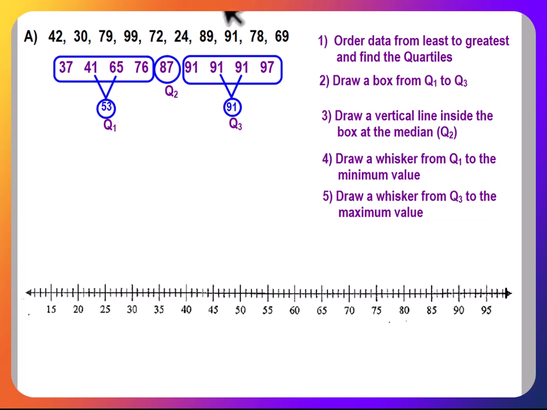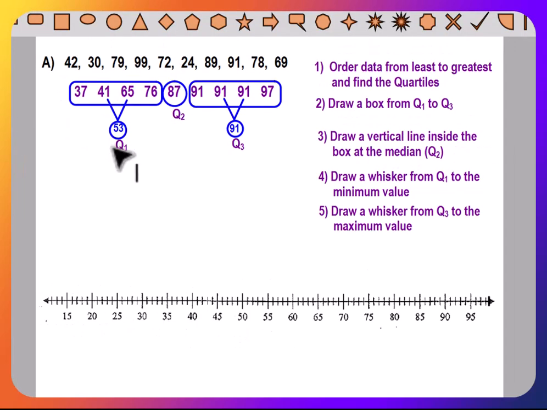First thing you want to do, it's kind of like the order that it's in already. The first side of the box is your quartile 1, your Q1. It's at 53, so I'm going to find 53 on my number line. I'm not going to actually draw the box on the number line because it can be kind of hard to read it with a pencil, so I'm going to draw it a little bit above. So here's 50, 1, 2, 3.